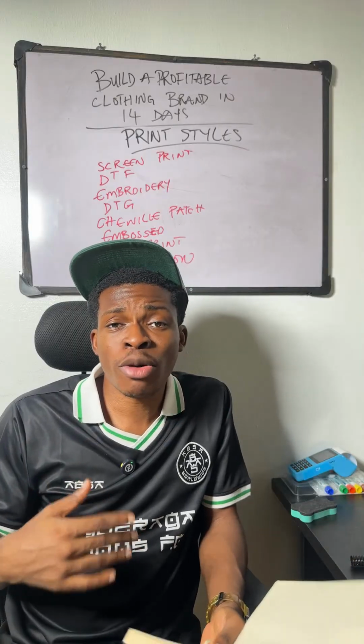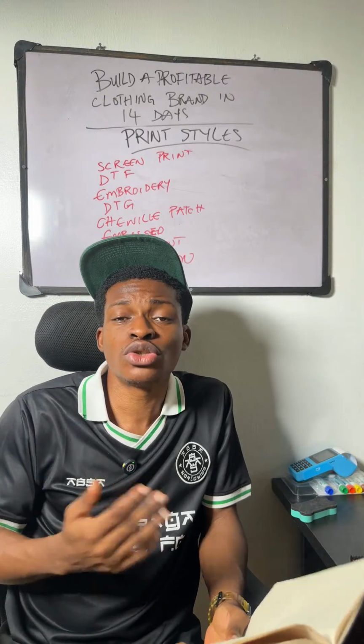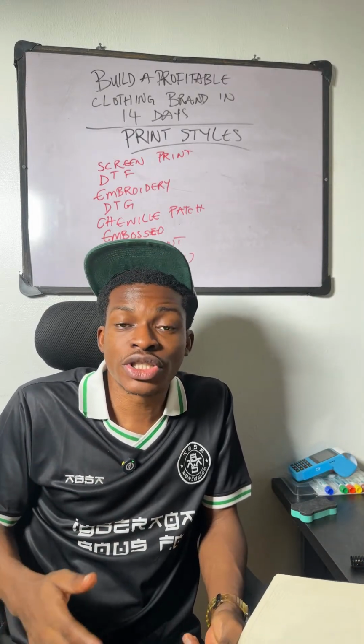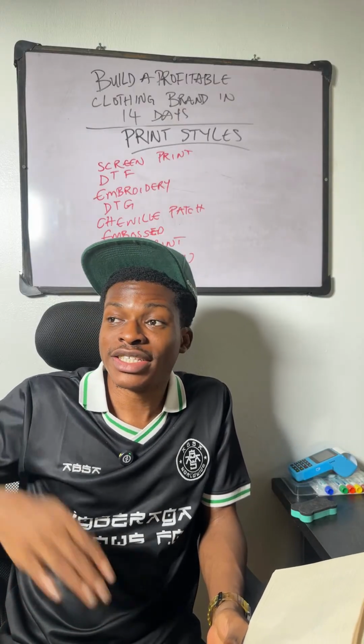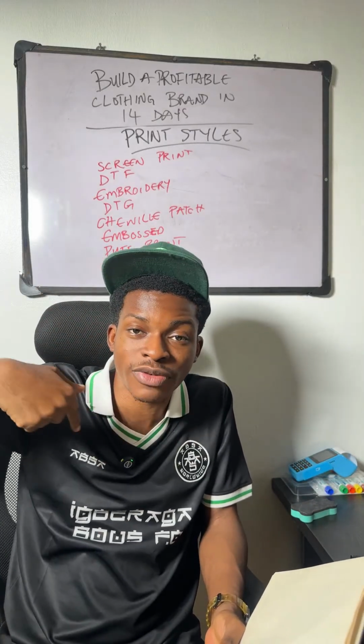Most times, whenever people come and meet me and they ask me what is the best print to use, I always tell them there is no best print. It depends on your design. So let's say you want, because the thing with DTG and DTF is that DTF is a heat transfer sheet. They use heat to press on top of the design.